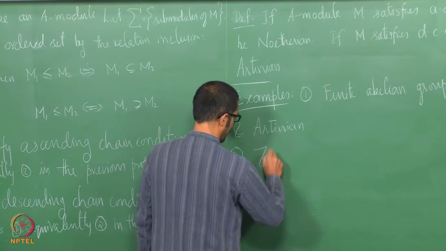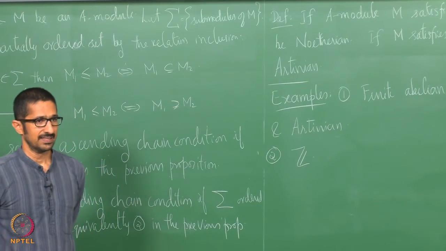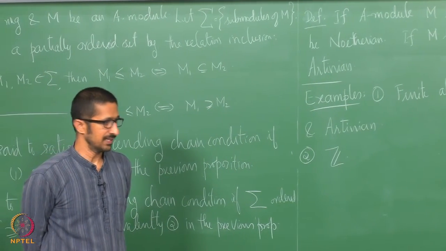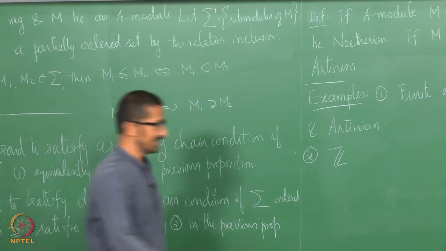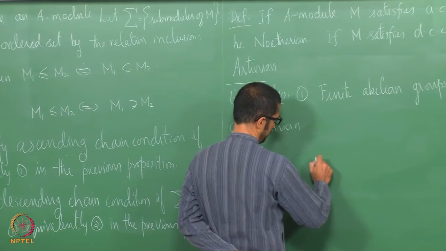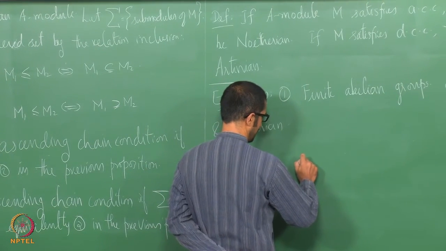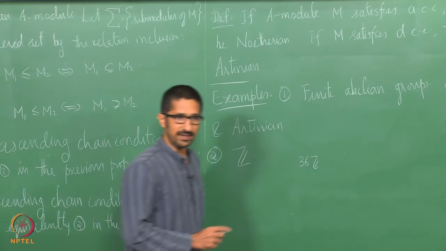Now what about Z? Does it satisfy the ascending chain condition? Let us start with 36Z.